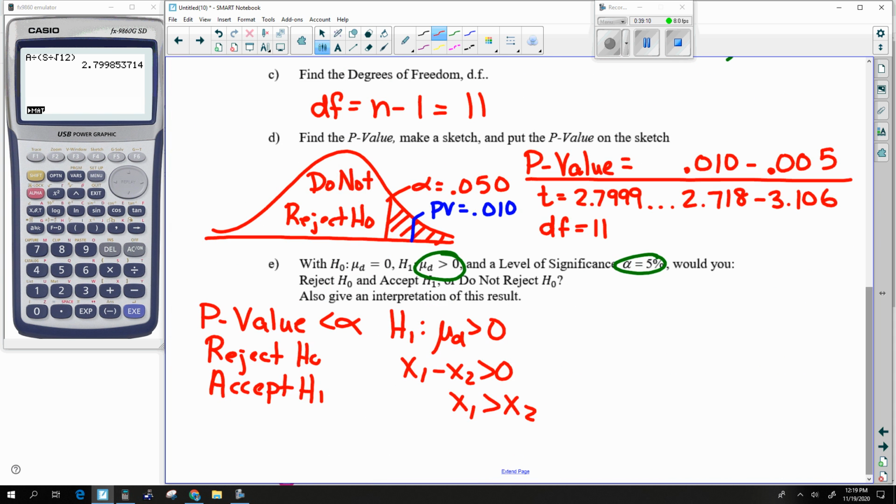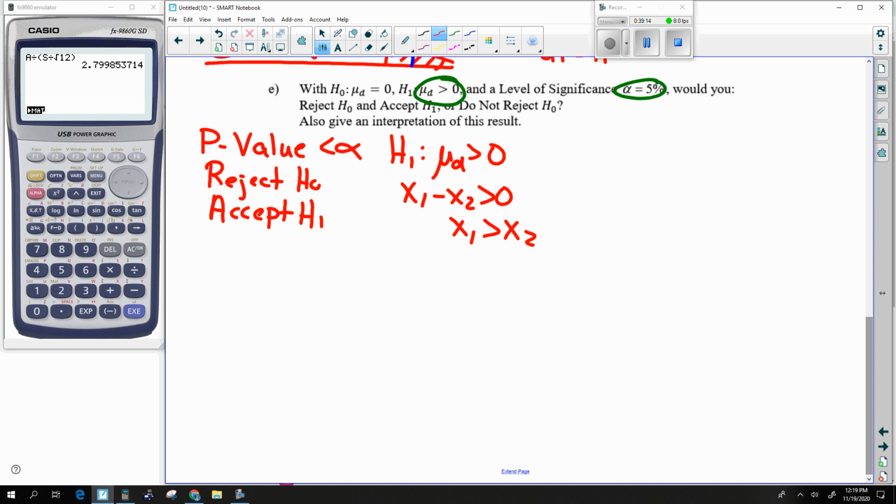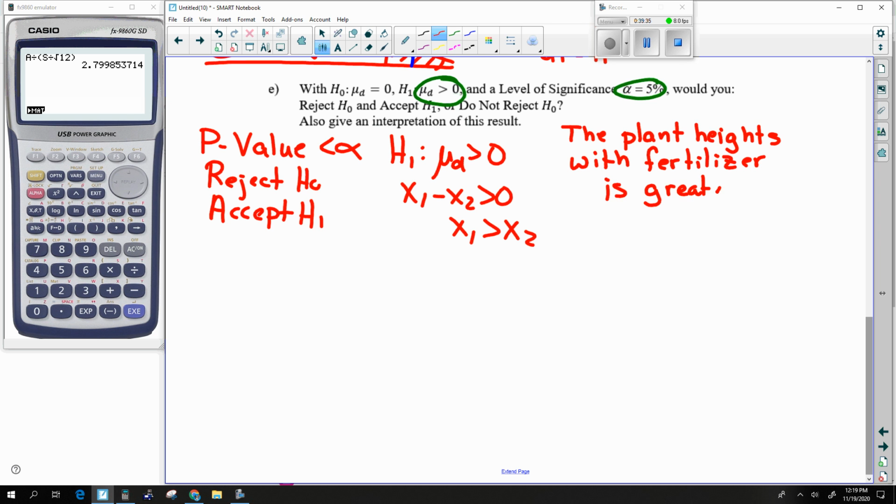So x1 is with fertilizer, x2 is without fertilizer.